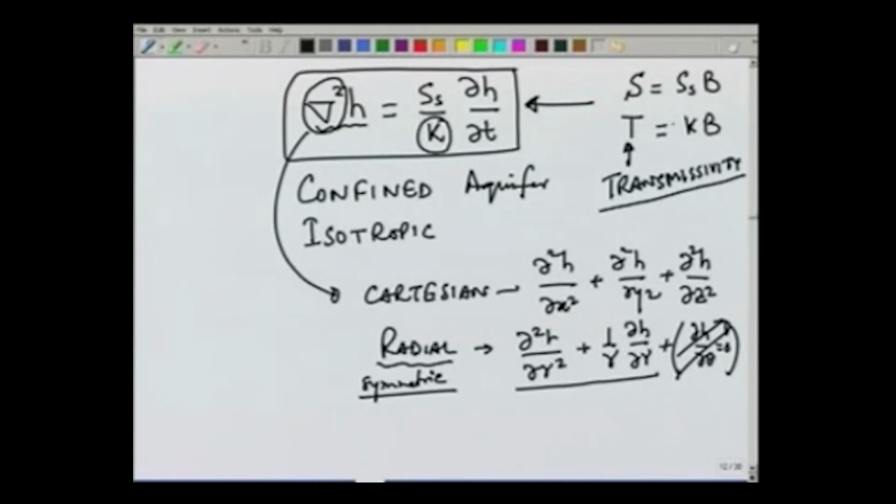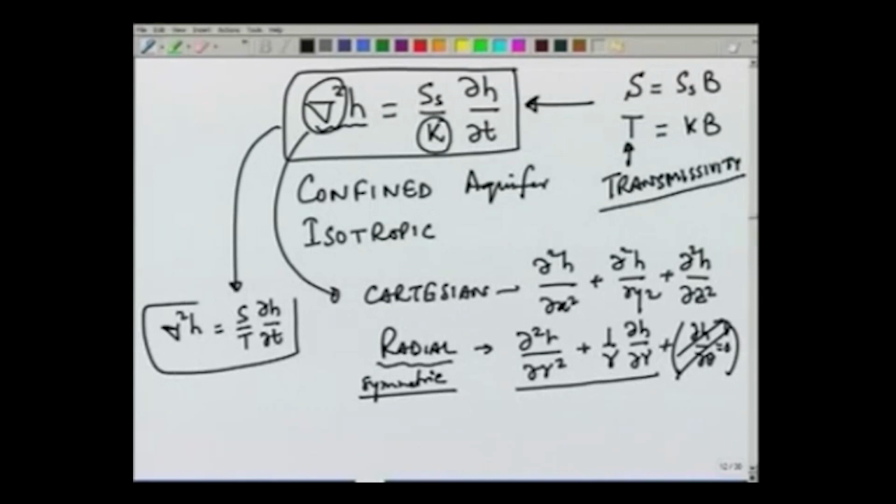So, if we use this S and T, we can also write this equation in terms of the storage coefficient and the transmissivity. So, either we can use specific storage and hydraulic conductivity, or we can use storage coefficient and transmissivity and solve this equation for given conditions.